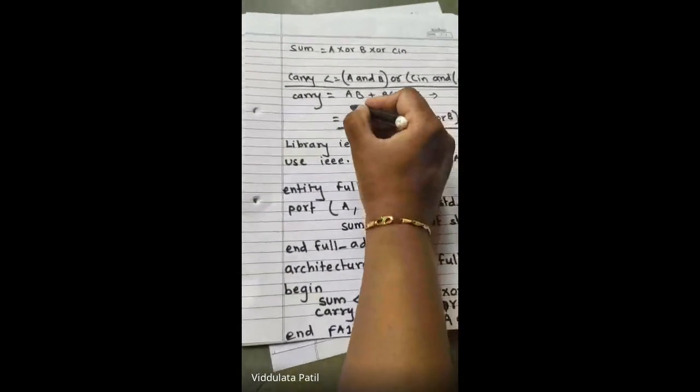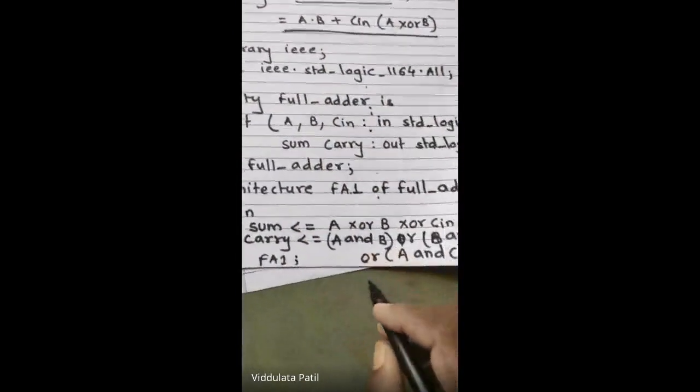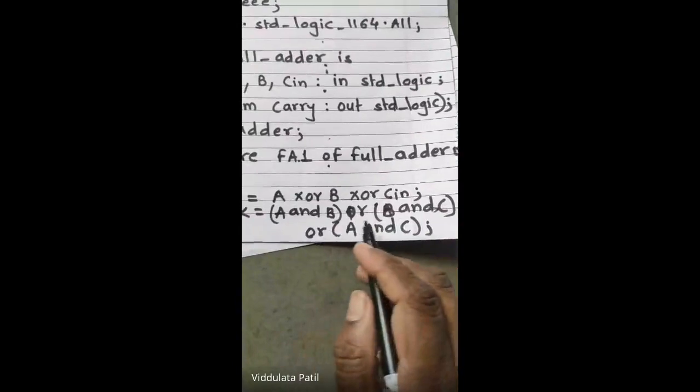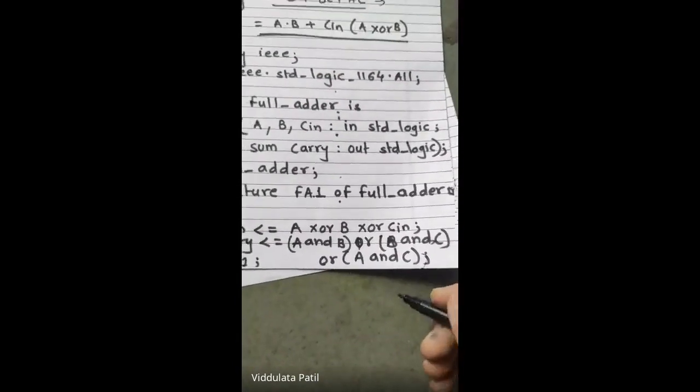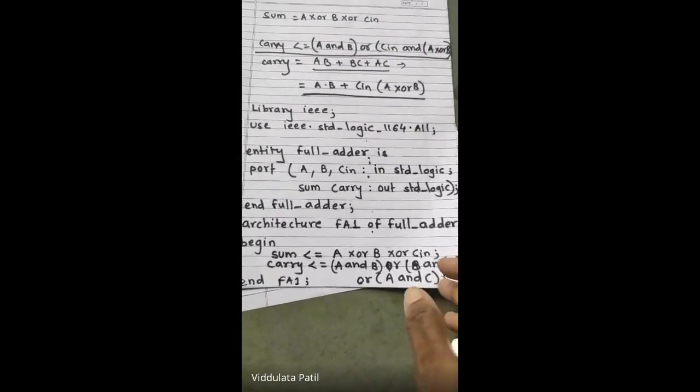So this is the data flow modeling of full adder. Okay, everyone got this?